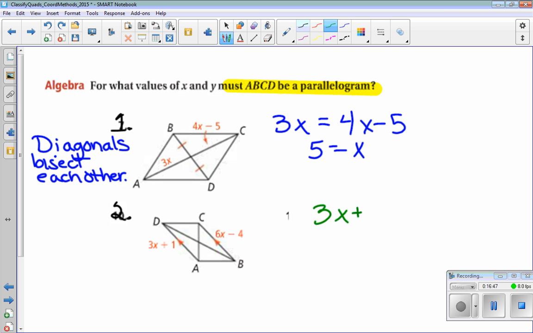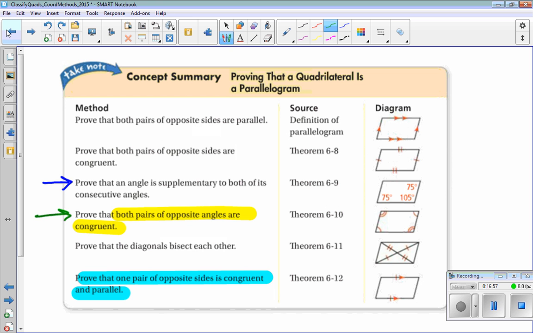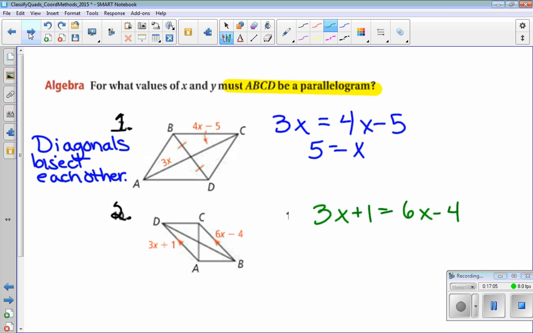Exactly. It's just what you think it's going to be. Now, what's the justification? Why can I set those two things equal to each other? Let's look at our list. Why is that true? Julian? Nope. Try again. Lucia? Nope. Look at what's given to us. What's marked in number 2?